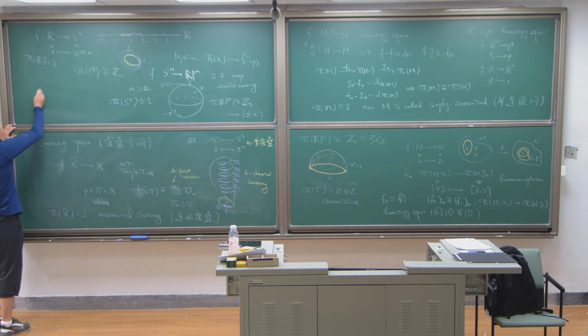Recall that SU2 as a topological space is isomorphic to what?